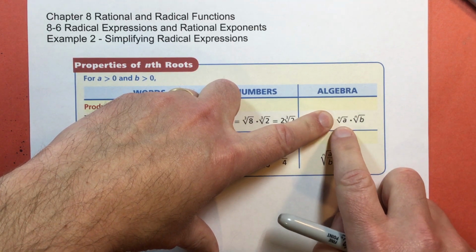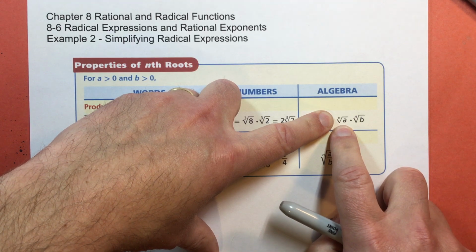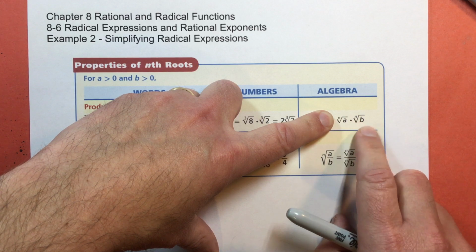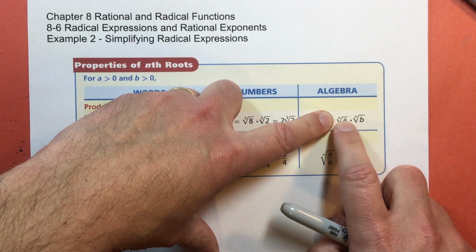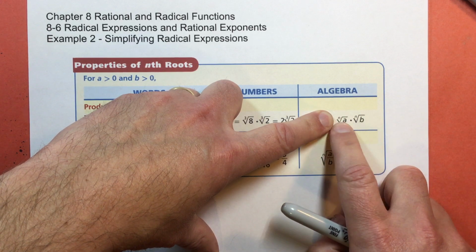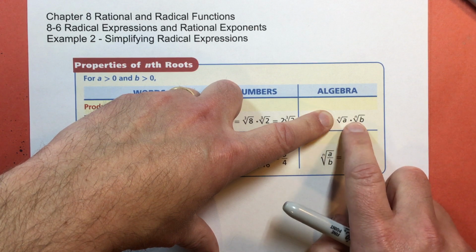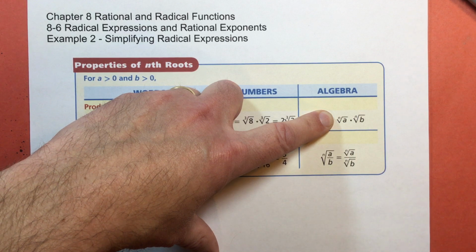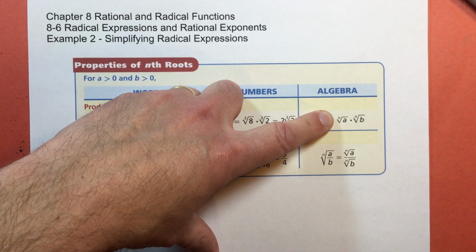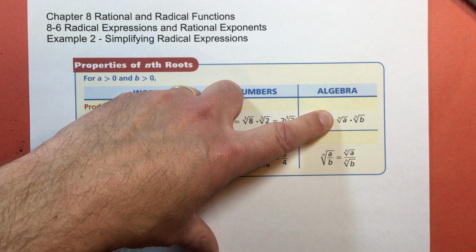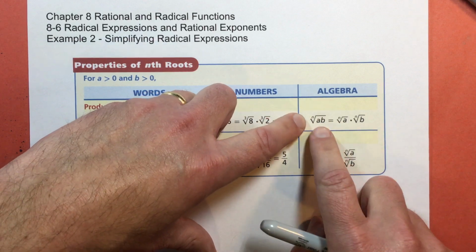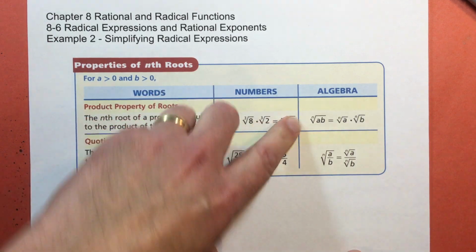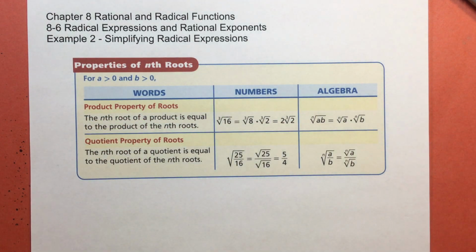If I have the nth root of a number, and I multiply by the nth root of another number, the index of the radicals, both of these are the same, both of them are nth root, I can combine them, or mush them together, and I end up with the nth root of a times b. That's very, very useful. That's called the product property.